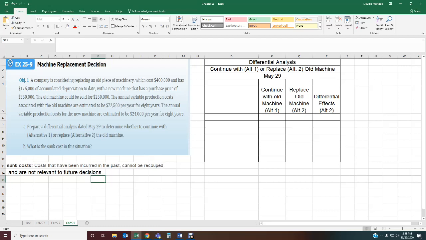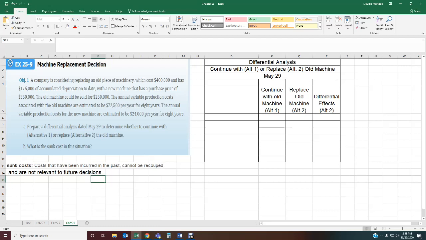We want to replace the machinery that cost us $400,000 with new machinery that we're going to pay $550,000 for. The old machinery can be sold for $250,000.